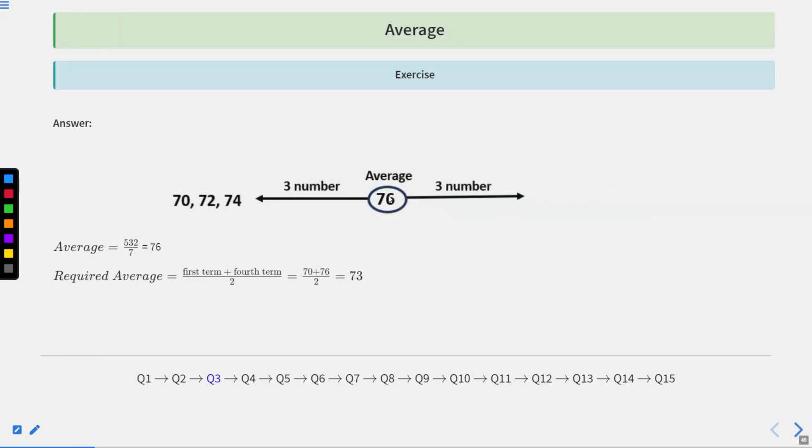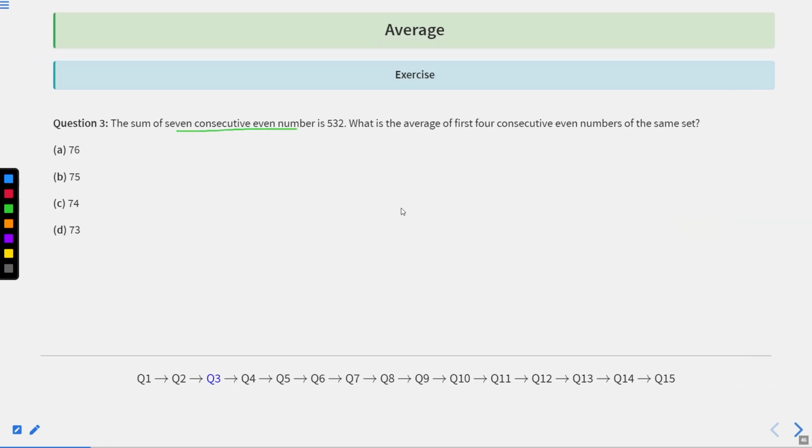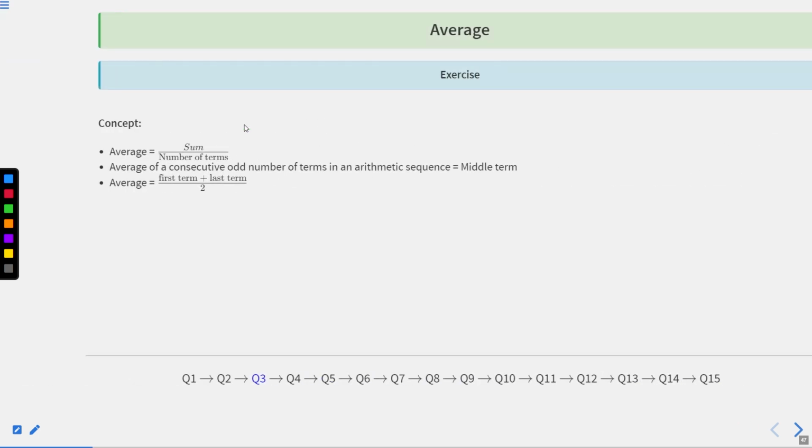So 76 is the middle term because there are an odd number of observations. 7 observations are there, so 76 will be the middle term. And also one more thing is given, that it is a sequence of even numbers.